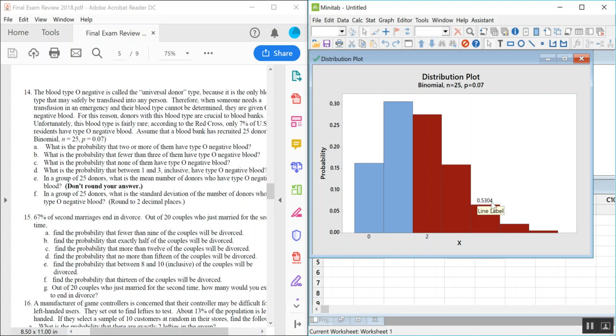Good times. Okay, so the next question is, what is the probability that fewer than 3 of them have type O negative blood? Fewer than 3, less than 3, is the same as less than or equal to 2. Remember, when we're thinking about Minitab, we have to be using equal to's to be able to do these questions.